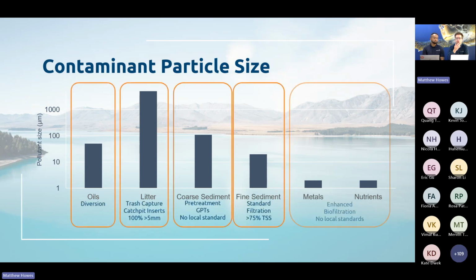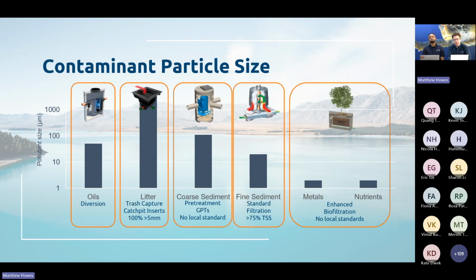So for each of the different types of stormwater contaminants, there is a broadly accepted treatment outcome. And there is a range of treatment mechanisms and treatment devices that help achieve those outcomes. So for example, for trash capture, we use something like the litter trap, which is 100% trash capture at source.